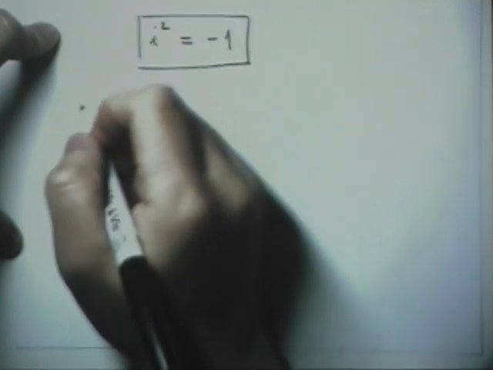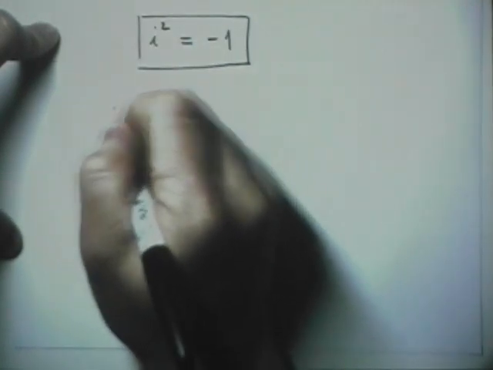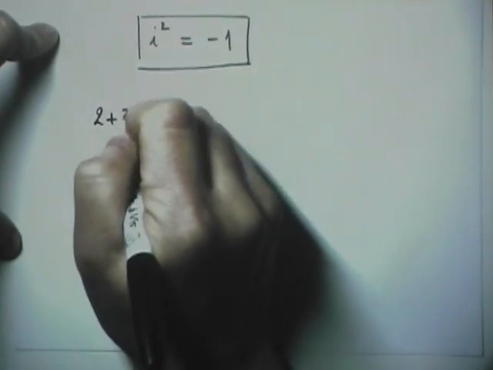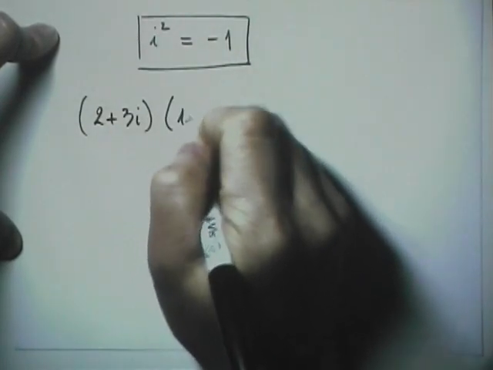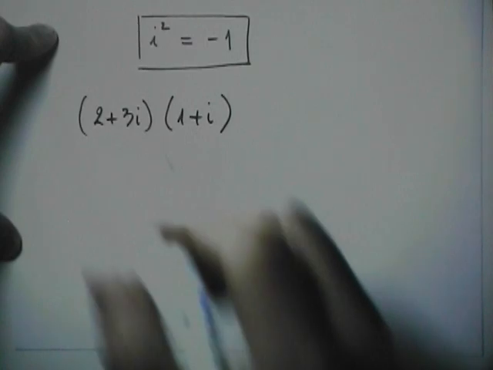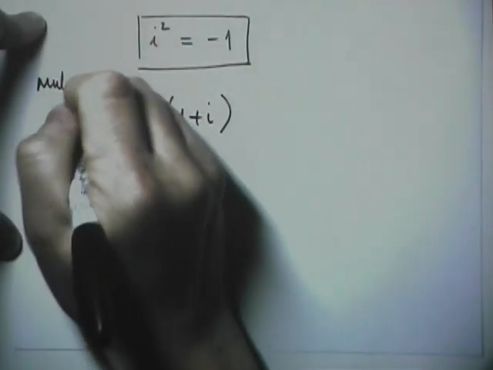So how about I do (2 + 3i) times (1 + i), just a simple one like that. So I want to multiply.